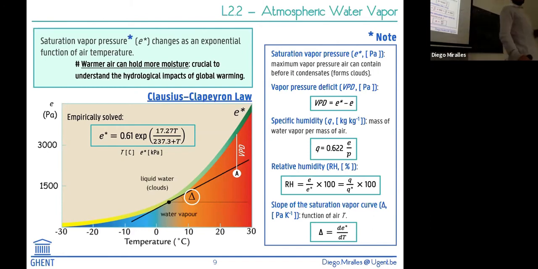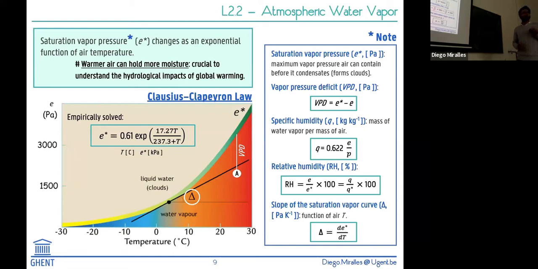Okay. And it's very sensitive to air temperature, as you can see. If you increase your air temperature and you have the same amount of moisture in the air, your relative humidity goes down because you're increasing the saturation point. So if you increase the air temperature, this saturation point goes up, right? You can see it here.